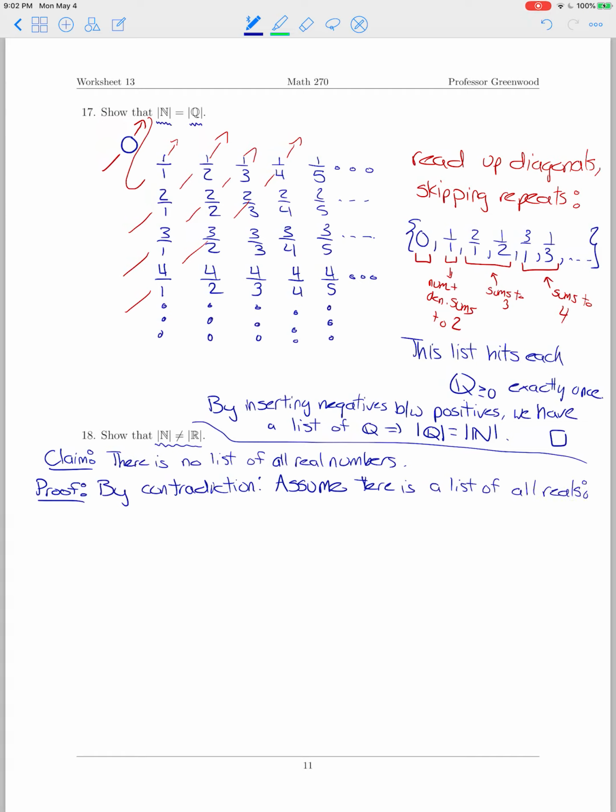All right, and so if there is a list, what I'm going to do is just write down the first 4 or 5 numbers in this list. As a reminder, the real numbers can be expressed as infinite decimal expansions. And so my list might start with something like pi, for example, and then maybe I have something with a bunch of 9s and 1s, and then whatever.